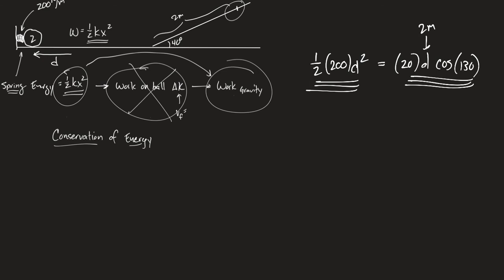And just kind of ignore that for a minute. I'm not really ignoring it. This was added to the ball. This has to be taken away from the ball for it to be equal to, well, 0. So it zeroes out. The ball had 0 kinetic energy at the beginning. It has to have 0 kinetic energy at the end.